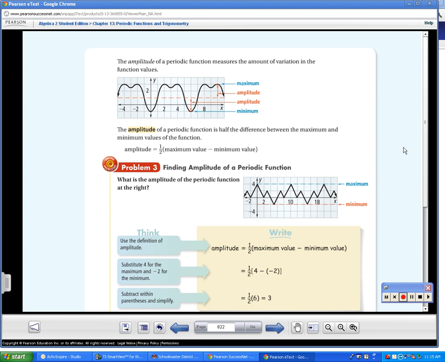If you want to write this down in your notes, amplitude equals 1/2 the maximum value minus the minimum value. So in this example right here, the highest value is 3, right?